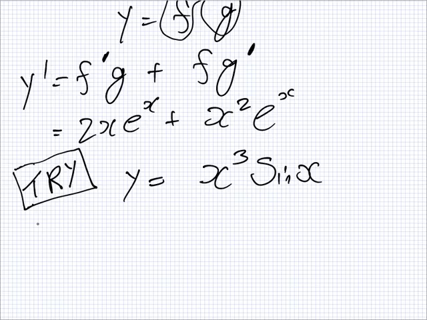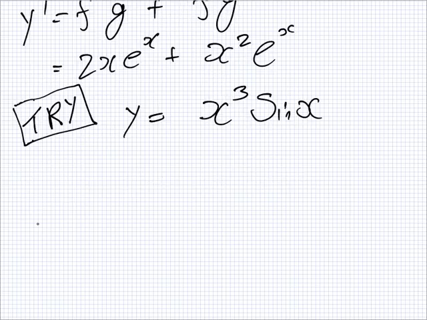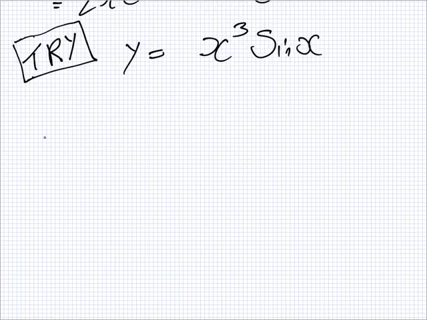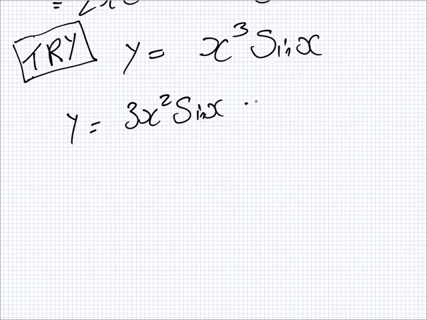Okay, that should be enough time. They're not too long to do. So, you can kind of do these in your head. First we differentiate the first part. So what have we got there? 3x squared sine x. Yeah. And then we differentiate the second part, which is cos x with a plus.